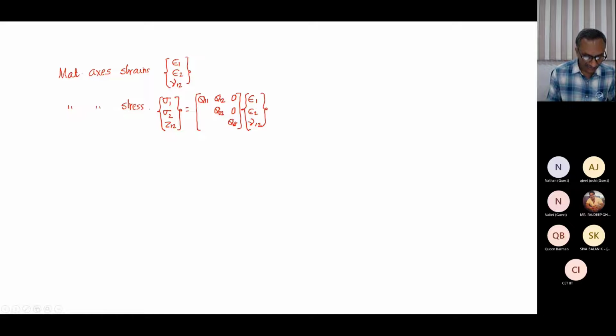That's all. I think I'm reiterating what is metal axis and what is global axis. I'm sure all of you know by this time. This is the global axis or analysis axis, and this is the metal axis. What we know is this theta.